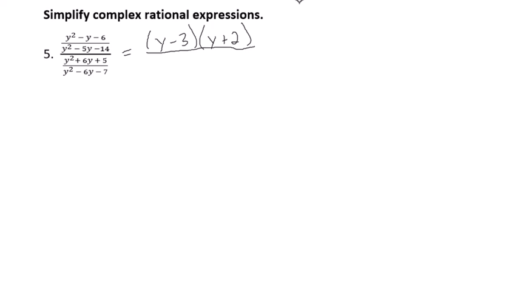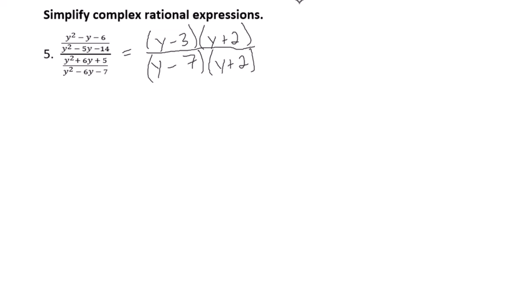Two numbers that multiply give you -14 and add to give you -7 would be y minus 7 and y plus 2. And if you are new to factoring, I do recommend multiplying and checking before moving on, because you don't want to start canceling things out without making sure that they are the right factors.